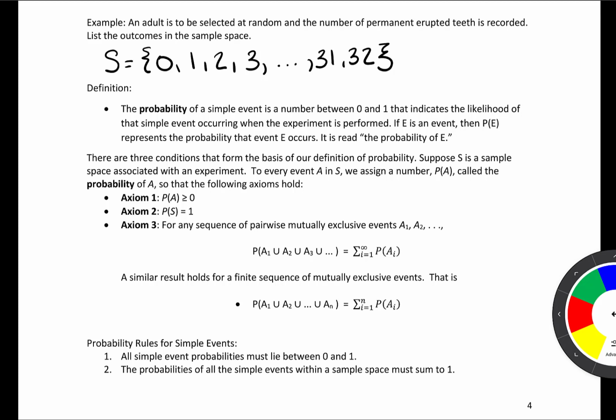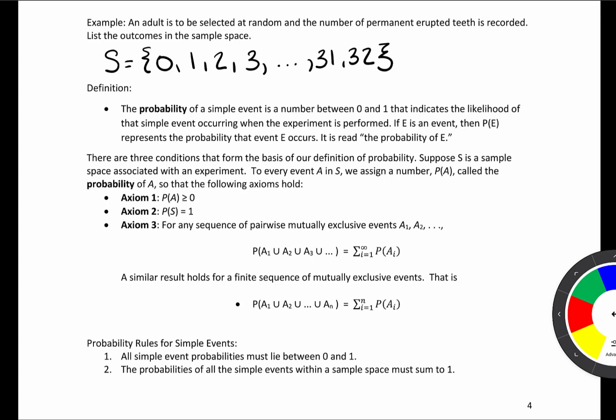So there are three conditions that form the basis of our definition of probability. Suppose that S is a sample space associated with an experiment. To every event A in S, we assign a number. So in other words, the probability of A, P of A, is such that the following holds. All probabilities are going to be greater than or equal to 0. There's no such thing as a negative probability of something occurring.